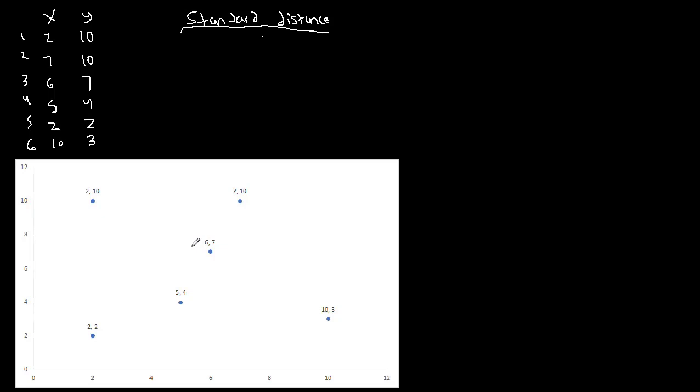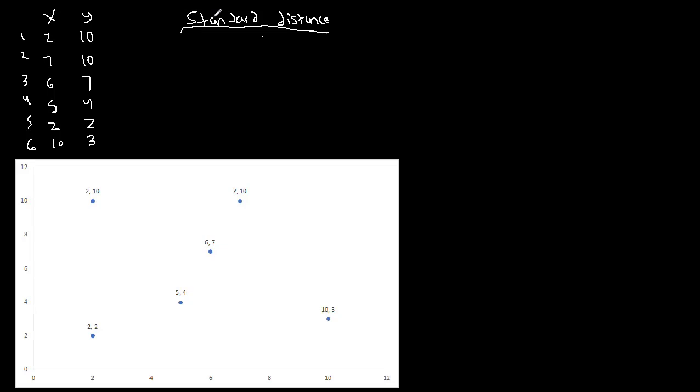And you can think about this, as we'll look at the equation, in much the same way as standard deviation, right? That's why you see this standard here, right? This is very similar to the idea of standard deviation, where you're going to get a single value that roughly represents the average distance away from the mean. Well, standard distance is going to be a number that roughly represents the average distance from the mean center.